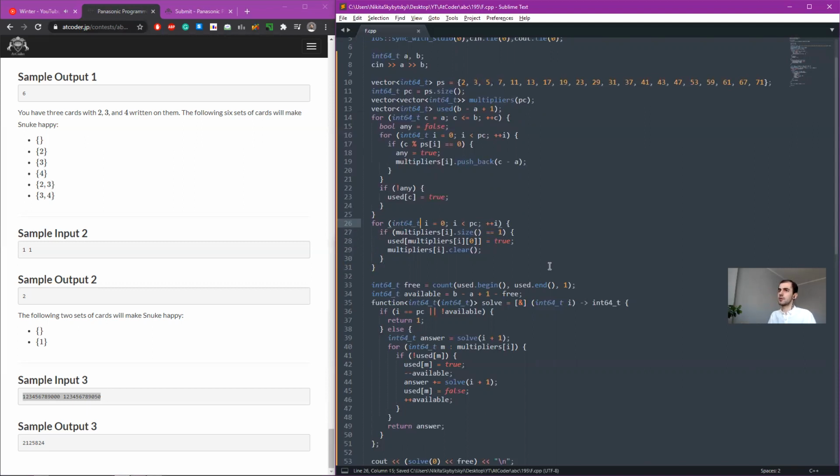Am I wrong or something? I don't understand. We should ideally just skip this i as well. But it should not make much difference. Like it only means, okay.